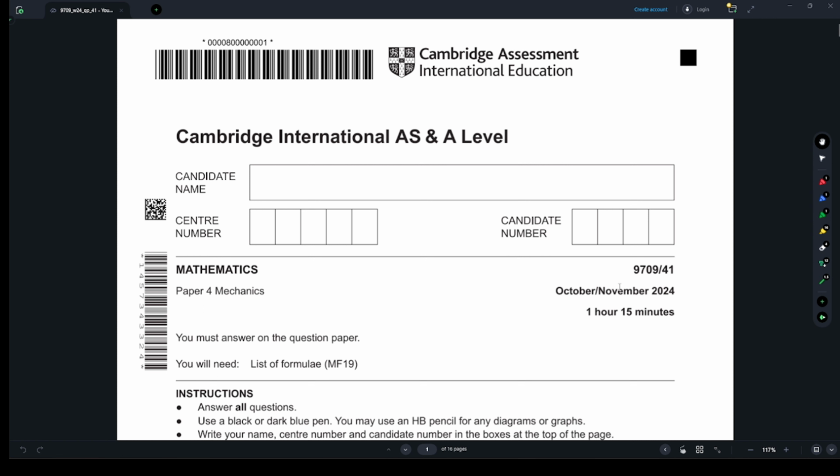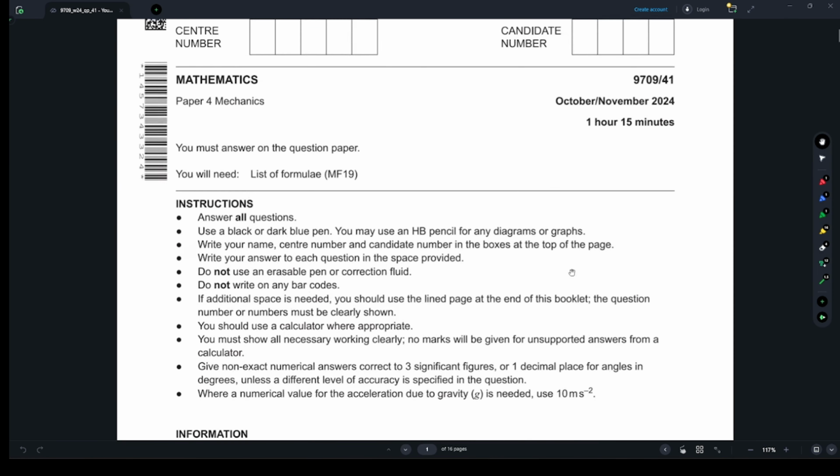As the first one, I selected the October/November 2024 paper, paper 41.